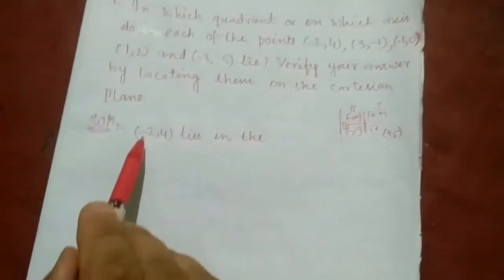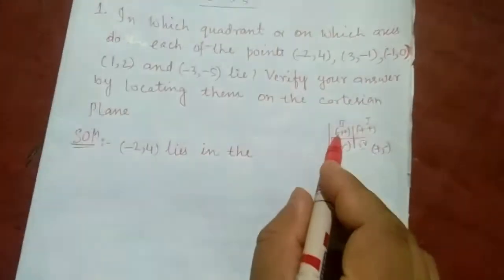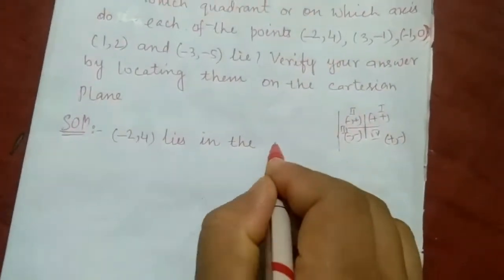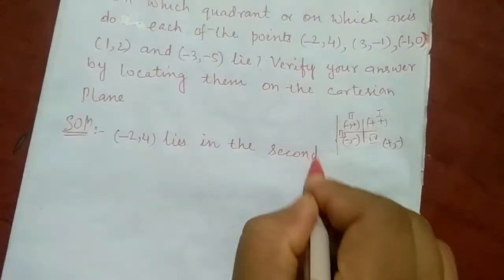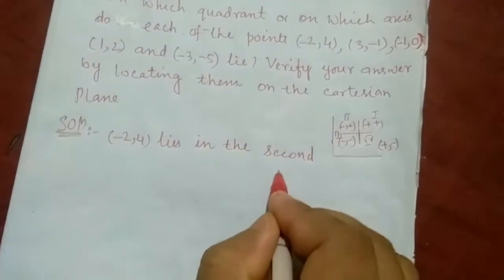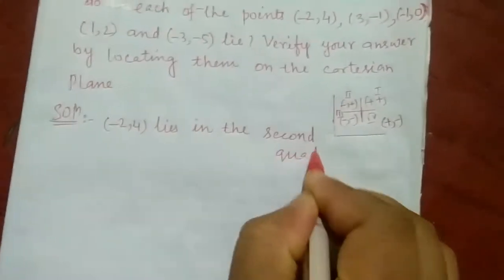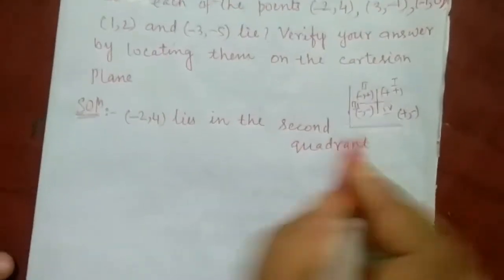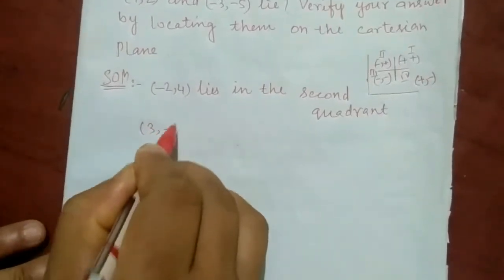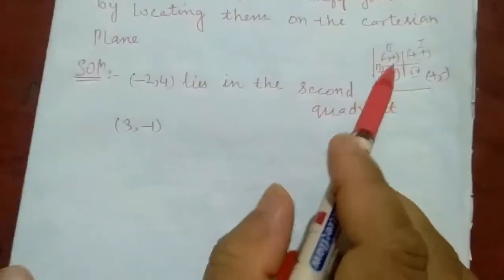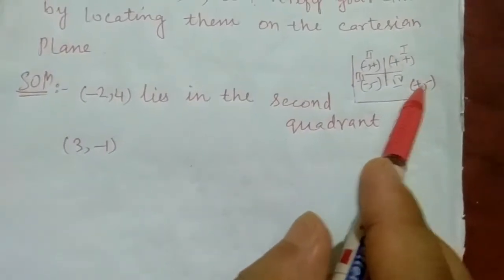All right, so here the value of x is negative and the value of y is positive. So it lies in which quadrant? Second quadrant. Then the next point, (3, -1), positive, negative.